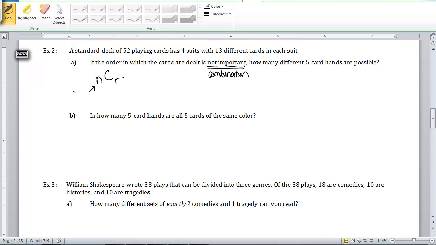Well, again, n is going to be the total number of cards, and r is going to be the number of cards we're using. And so again, there's 52 cards in a deck, and I want a 5-card hand, so I'm choosing 5.